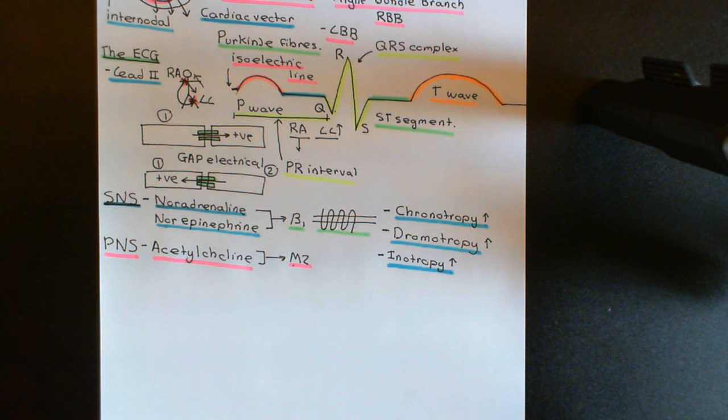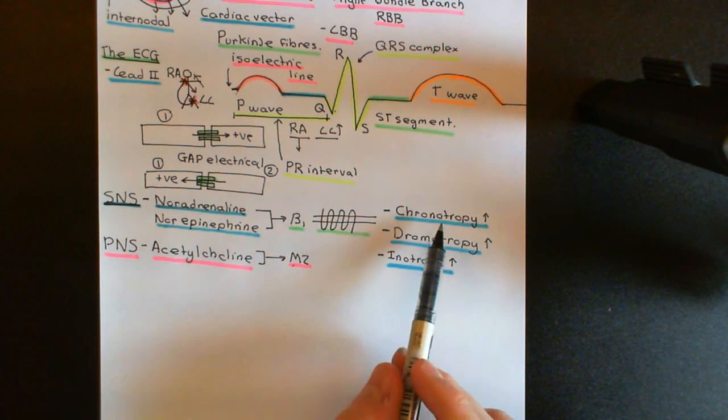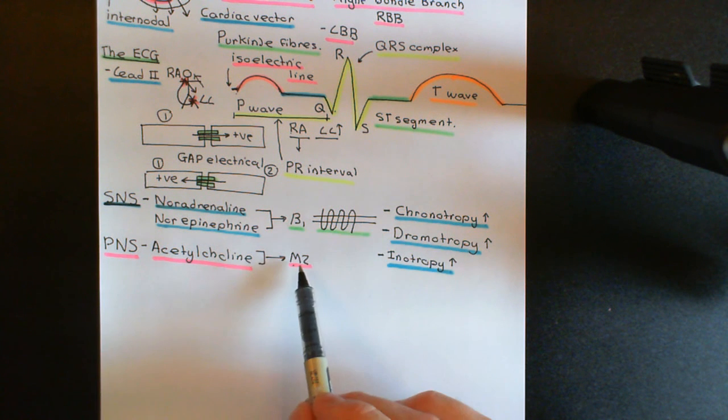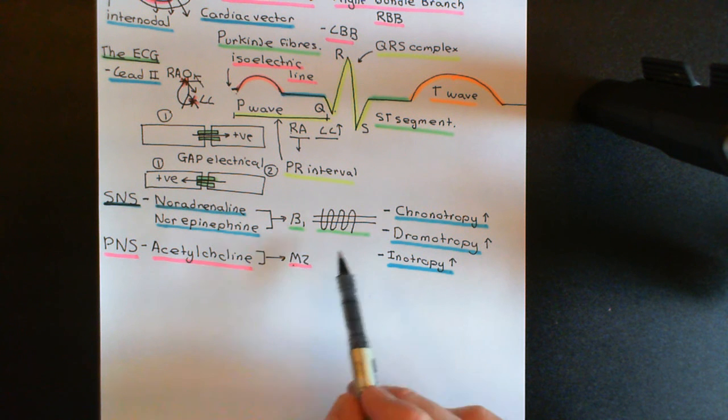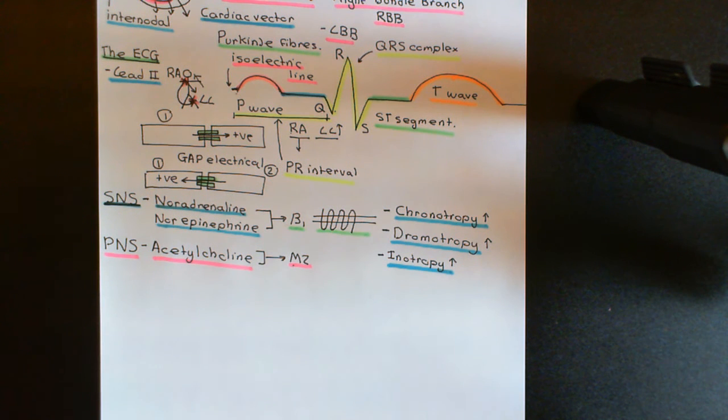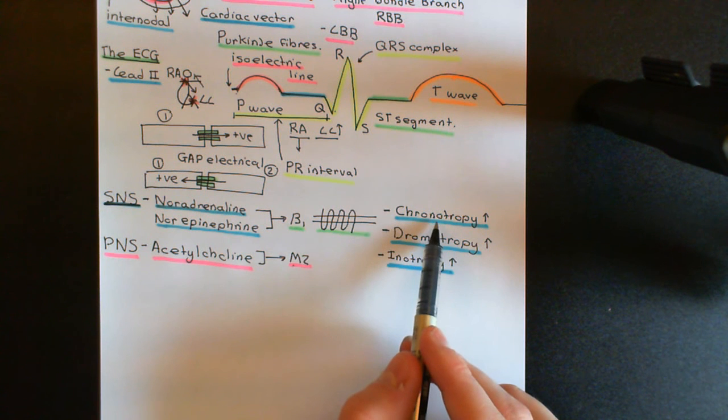So acetylcholine will bind to M2 receptors on cardiomyocytes, and what's it going to trigger? The opposite of all of these effects. On the sinoatrial node cells, the binding of acetylcholine to M2 receptors will trigger them to release action potentials at a lower rate, so it will trigger a negative chronotropic effect.